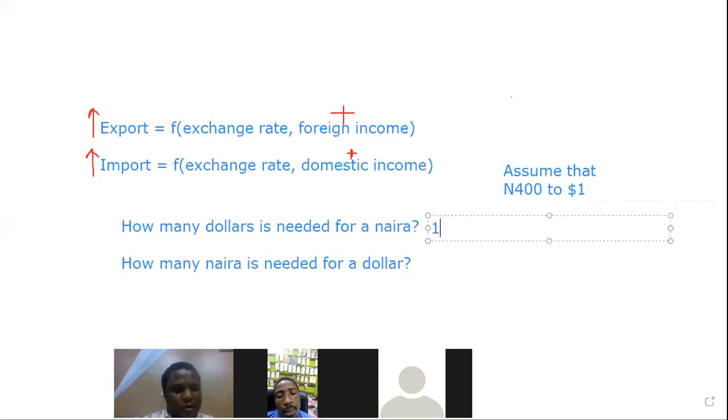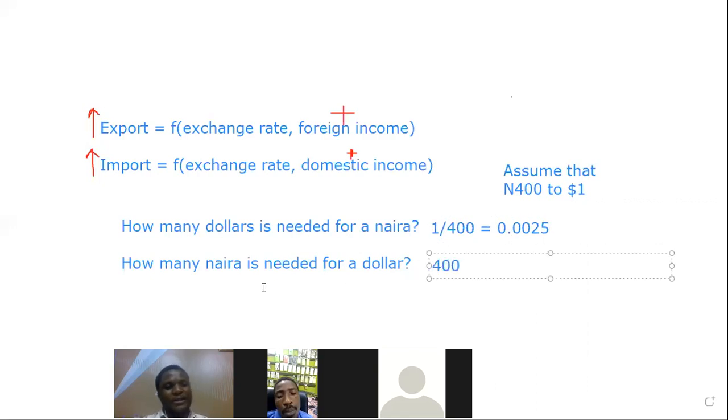That's going to be 1 over 400, which equals 0.0025. For the second, it is just 400.